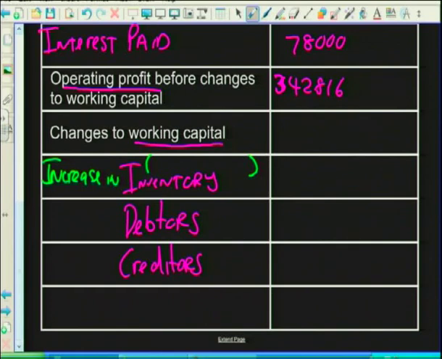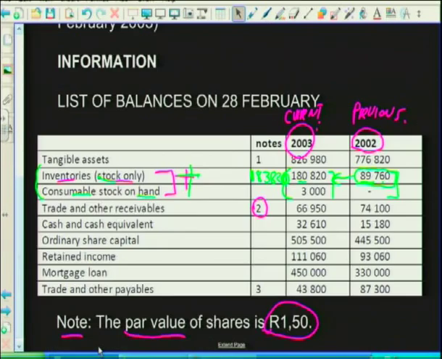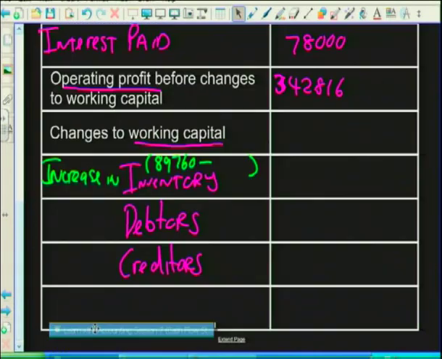So 2002, my figure for inventory was an amount of 89,760, and then 2003, if we go back to the question, there's our inventory amount, 183,820. Okay, guys, that's a 0. I know you can't see it properly, but that is a 0. All right, let's take that amount through.